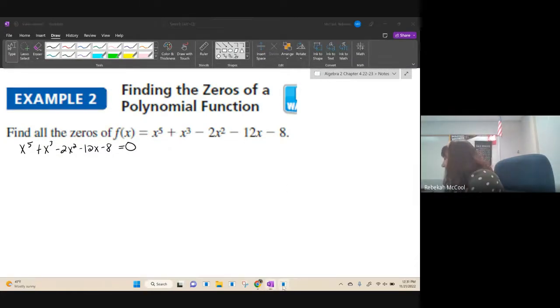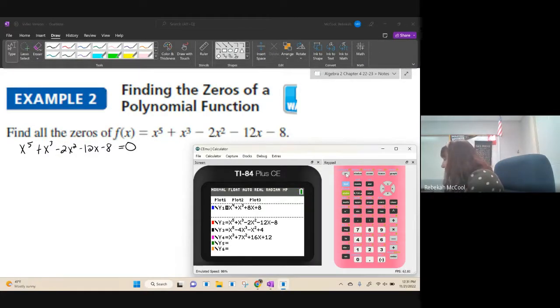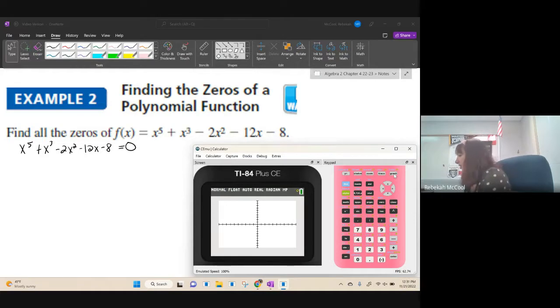All right, so let's see what we get here. I can see that there's 2 zeros, but there's something important happening here. Notice that one of these is tangent while the other one is crossing.